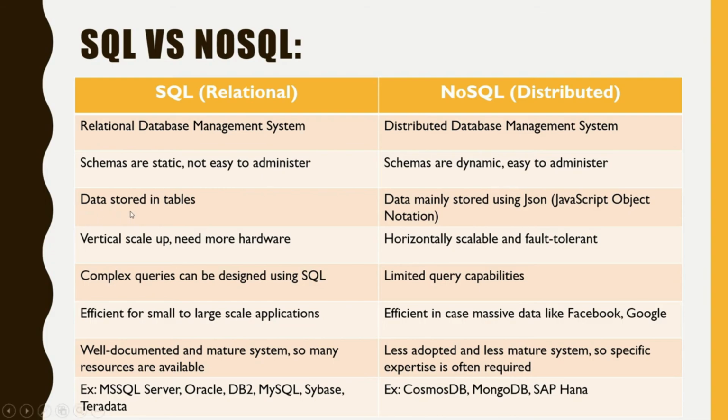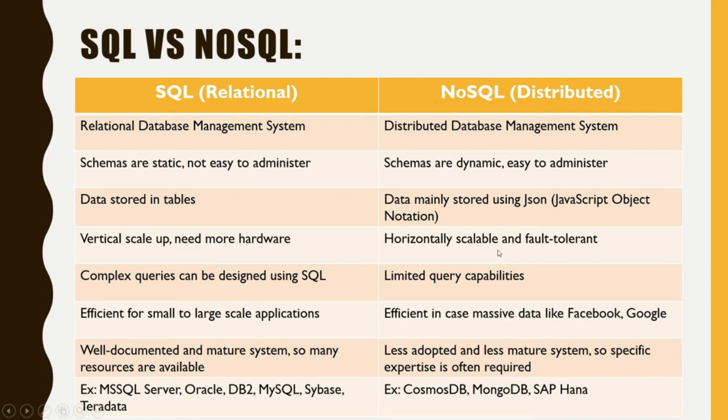Data is stored in tables in SQL, whereas data is mainly stored using JSON in NoSQL. SQL tables consist of rows and columns, whereas JSON, that is JavaScript Object Notation, is a lightweight format for storing and transporting data. It is often used when data is sent from a server to a web page. SQL can scale up vertically with increased hardware, whereas NoSQL is horizontally scalable with fault tolerance.